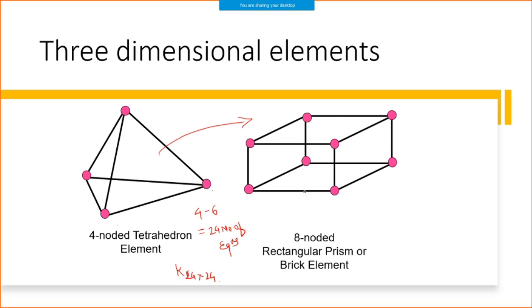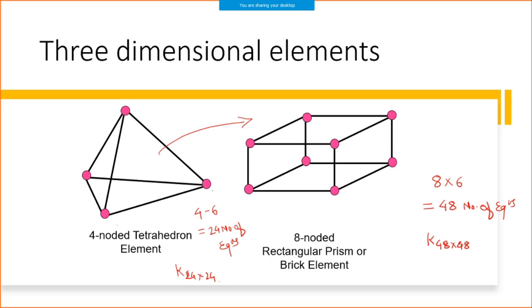If I consider this rectangular prism or brick element, we'll have 4 plus 4, 8 nodes, and each node has 6 degrees of freedom, so it becomes 48 equations, and your stiffness matrix is 48 by 48.